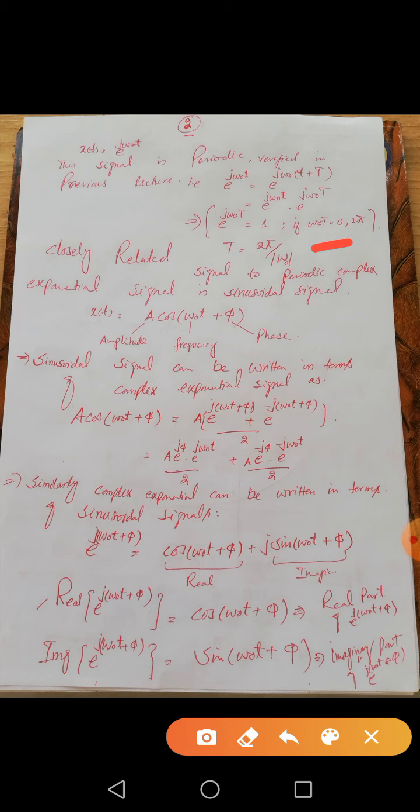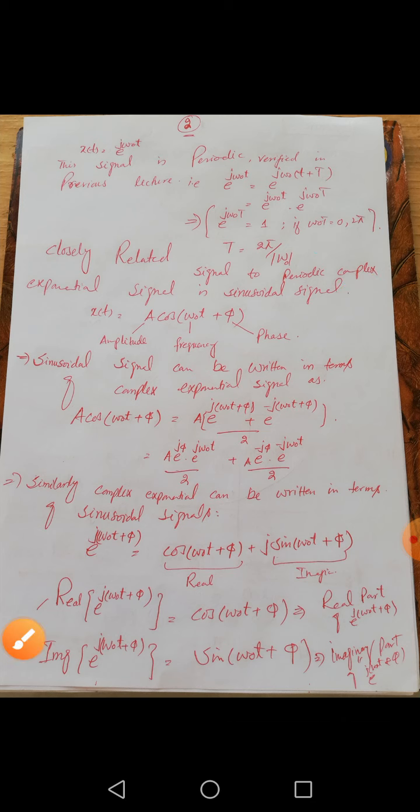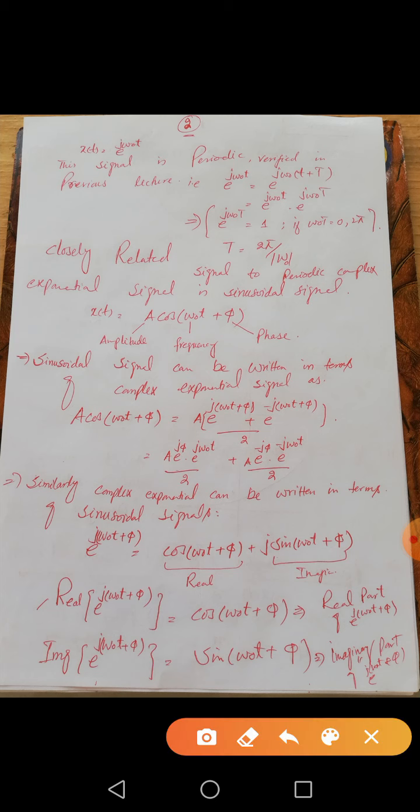Now another signal which is very closely related to the periodic complex exponential signal is the sinusoidal signal. The sine or cosine, we call this signal a sinusoidal signal. These signals are very closely related to the periodic complex exponential signal.